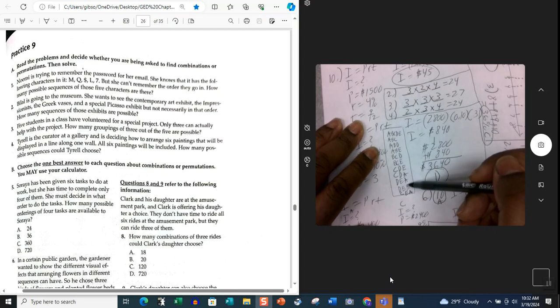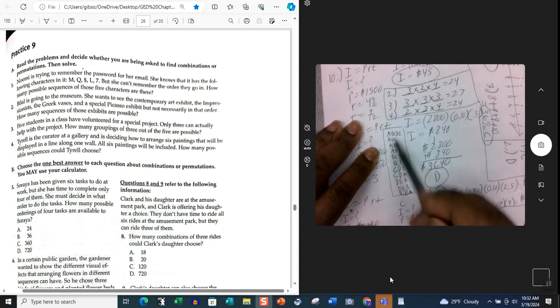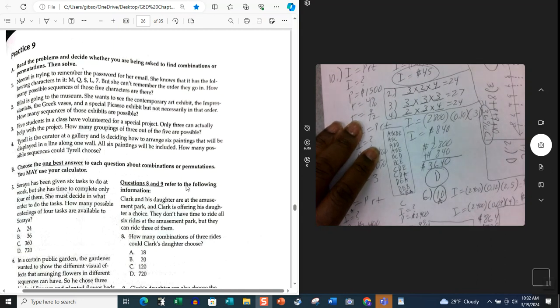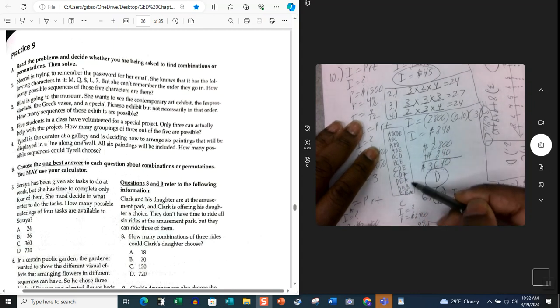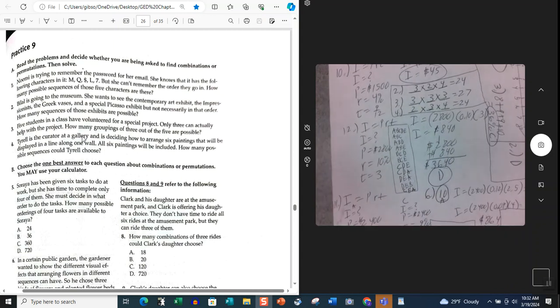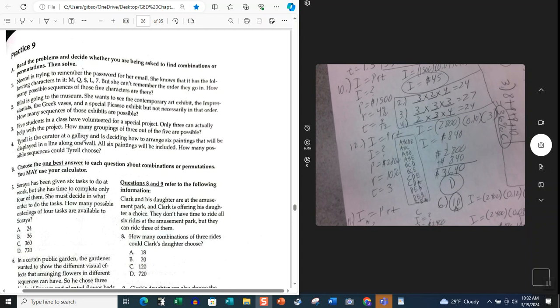This dealt with the superhero powers. Remember, it was 3 out of 5, which is the same thing for number 3. We have 5 students and only 3 can actually help. So this will give us 10. These are all the combinations of the students, and that will only be 10. So our answer for number 3 would be 10.